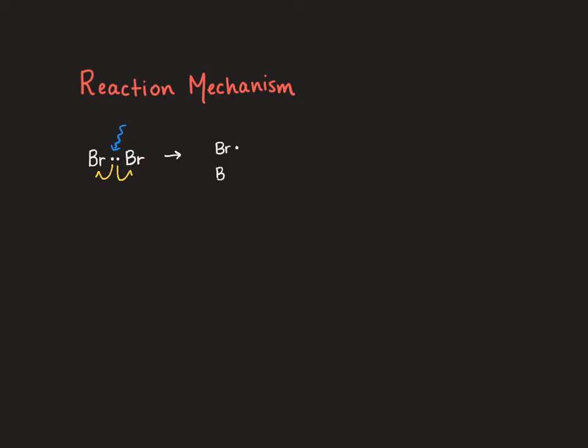So now we have these unpaired electrons on bromine. These are highly reactive because electrons really prefer to be paired. They're most stable when paired. So these singlet electrons are now going to seek out opportunities to pair up. So we have our methane molecule, and I'm going to draw this bond with our two hydrogens.